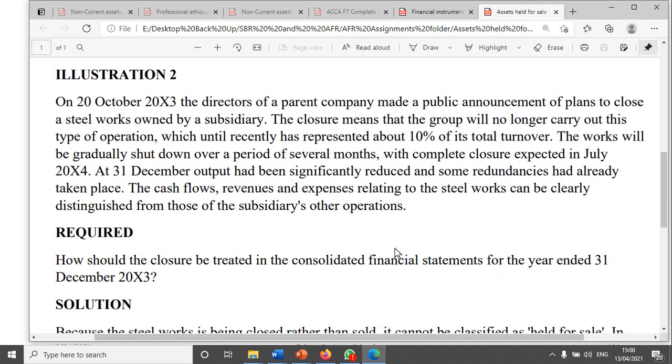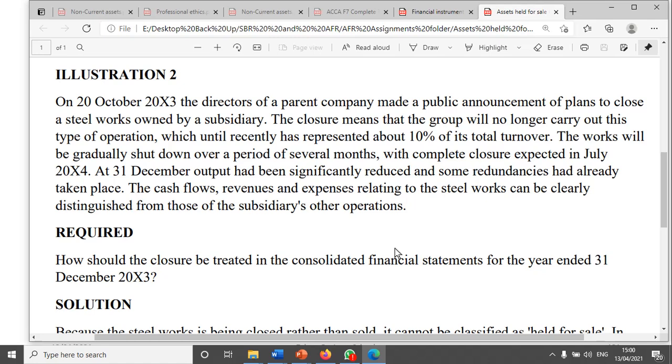Illustration 2 says on 20th October 20x3, directors of a parent company made a public announcement on plans to close a steelworks owned by a subsidiary. The closure means that the group will no longer carry out this type of operation, which until recently represented about 10% of the total turnover, meaning that it is significant.